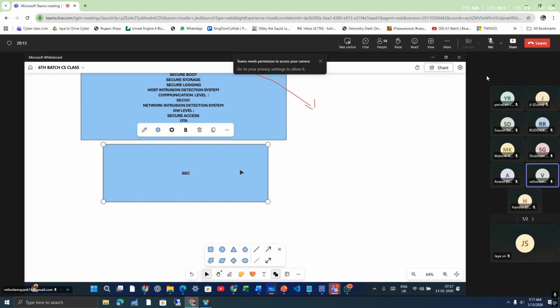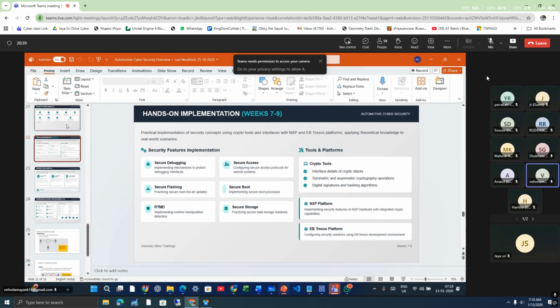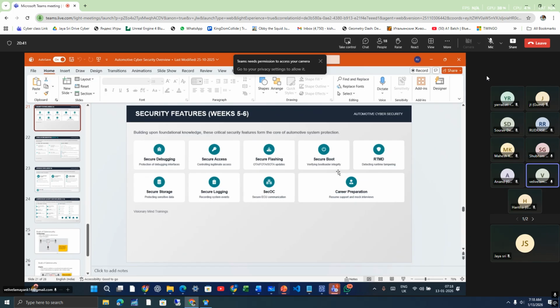For example, for secure JTAG, he suggested secure JTAG development, then the same secure JTAG project. At that time I can't meet their promised timeline. Career preparation, I can't push them to update in 5 to 6 weeks.